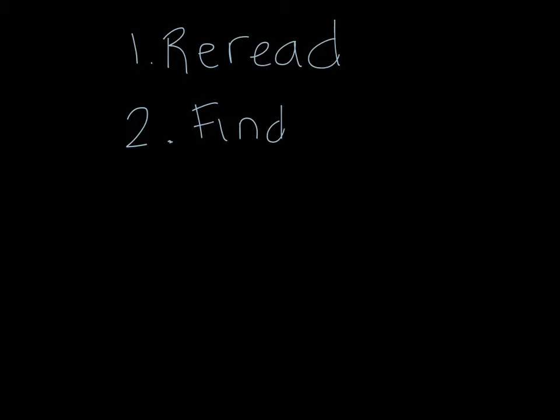So as you begin to add your details to the events under your narrow topic, first, reread what you have on your index cards. Second, find your events in your notebook and see if you have details listed underneath them.